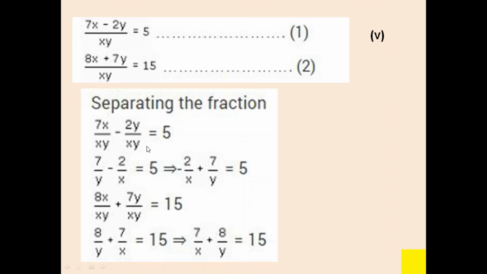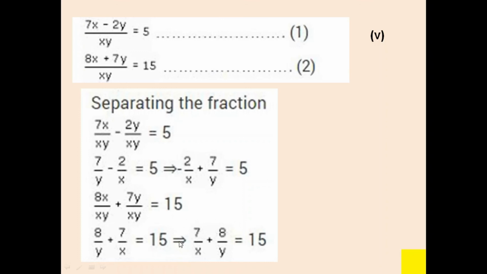After that, we separate the fractions in this one as well. 8x upon xy, 7y upon xy. We do nothing to the right hand side. x and x cancel. We get 8 upon y. y and y cancel. We get plus 7 upon x equal to 15. Right? This is just written in standard form.